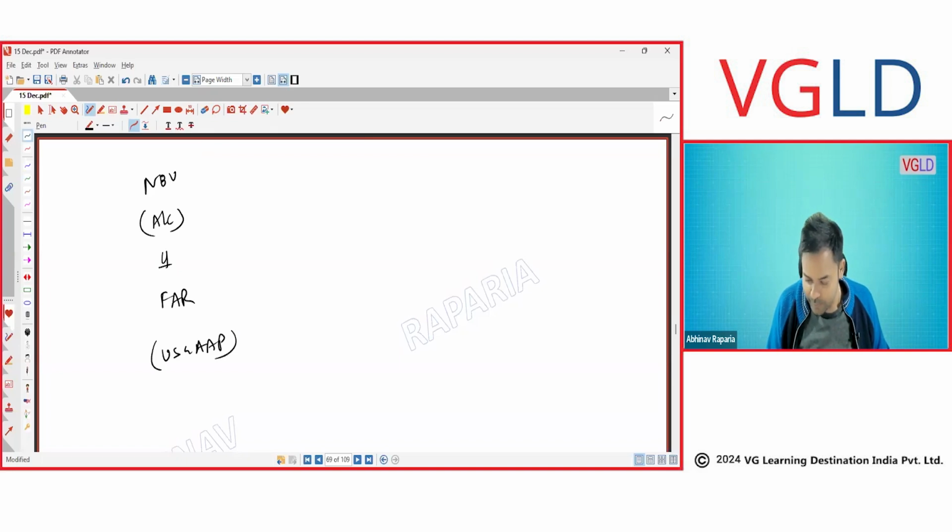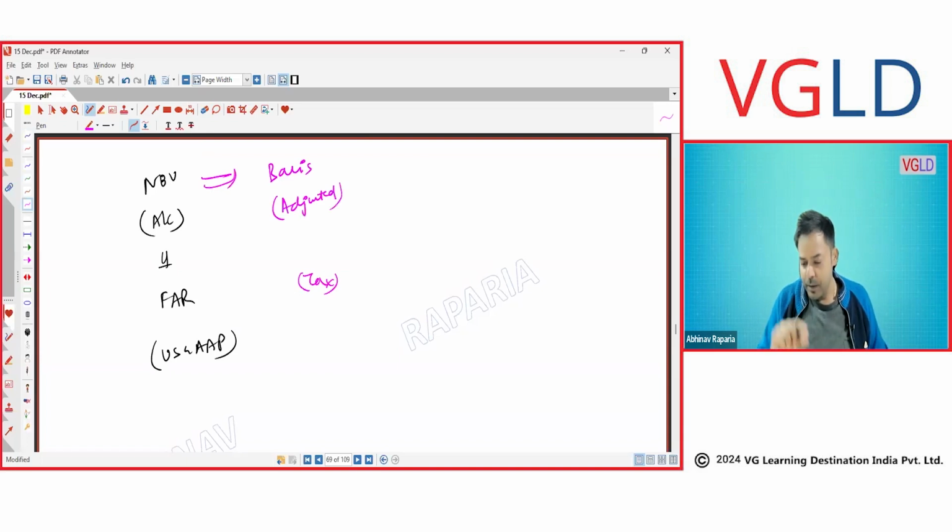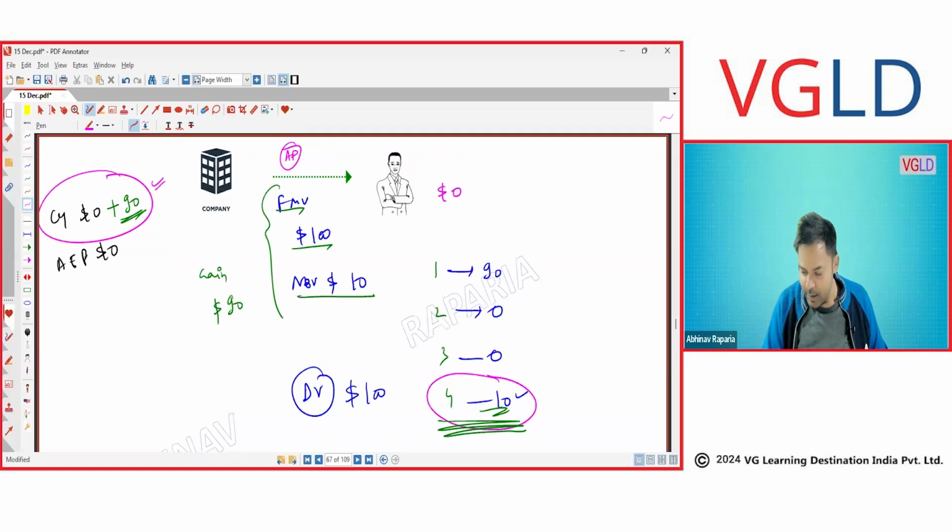In taxation, everyone, we generally call it basis. We also call it adjusted basis. So when I'm talking about net book value, that means I am talking about basis, everyone. Point clear or not, guys? So in a way, I'm talking about basis, guys.